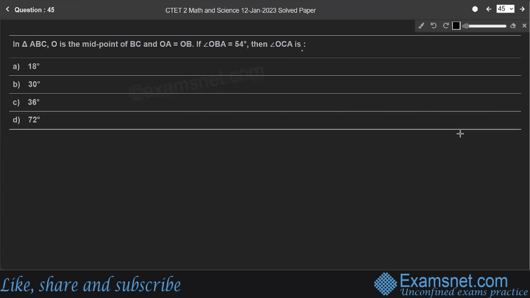Question 45. In triangle ABC, O is the midpoint of BC. OA is equal to OB. If angle OBA is 54 degrees, then angle OCA is? Let us consider a triangle ABC, in which we consider side BC.